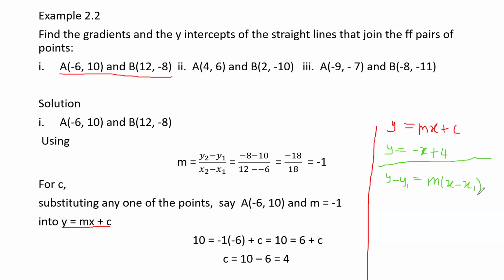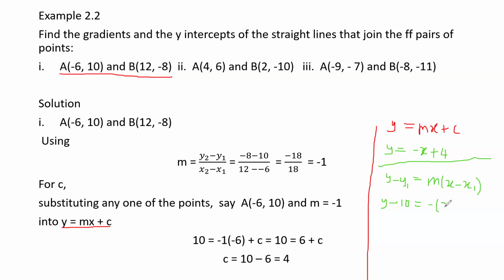Let's try this one. So you have y minus, we are taking point A. Are you okay? So y there is 10. So y minus 10 will be equal to, we know our m is -1. So -1, so that comes out.